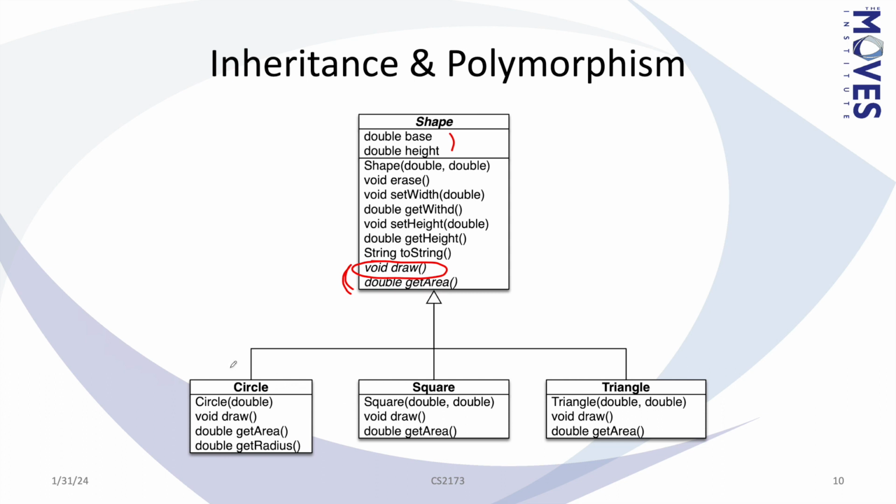Well, using what we have available, I could have an array of circles and an array of squares and an array of triangles. And so to display them, I would have to do a for loop on all the circles. So circle, draw, draw, draw, draw. Squares, draw, draw, draw, draw. Triangles, draw, draw, draw. And now, okay, so that would work, but I've got to do that three times.